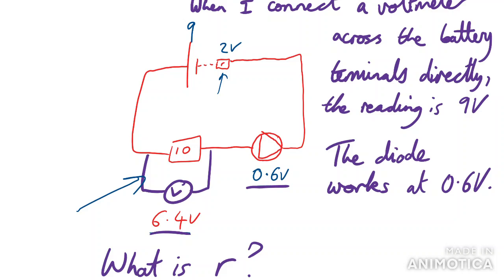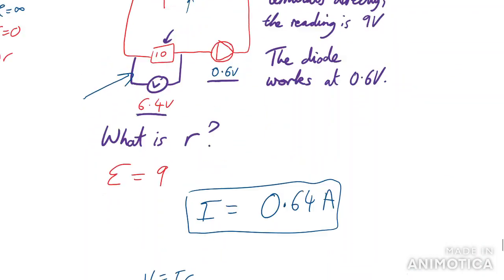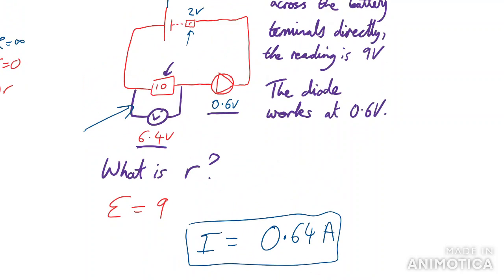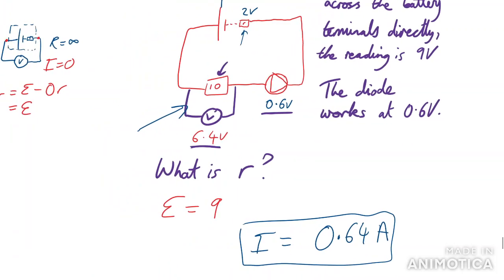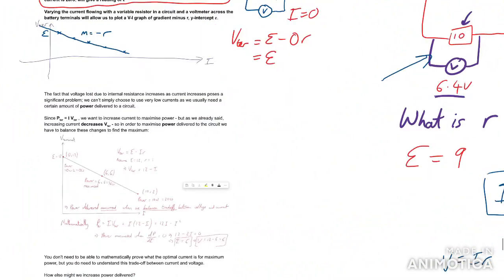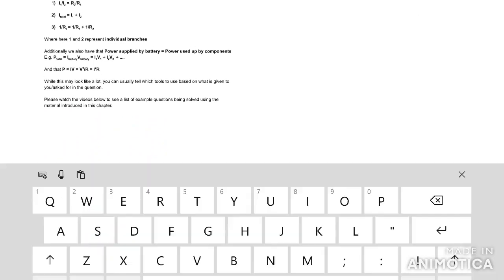And then just noticing that there's a voltmeter, a voltage, and they've given us the resistance for some reason. So we should probably work out what we can from that, which is a current. And then once we've got that, we've got the current and we've got the voltage, so we can work out the internal resistance. Okay, so that combined with the YouTube video showing other examples should hopefully be enough, and hopefully that was helpful.